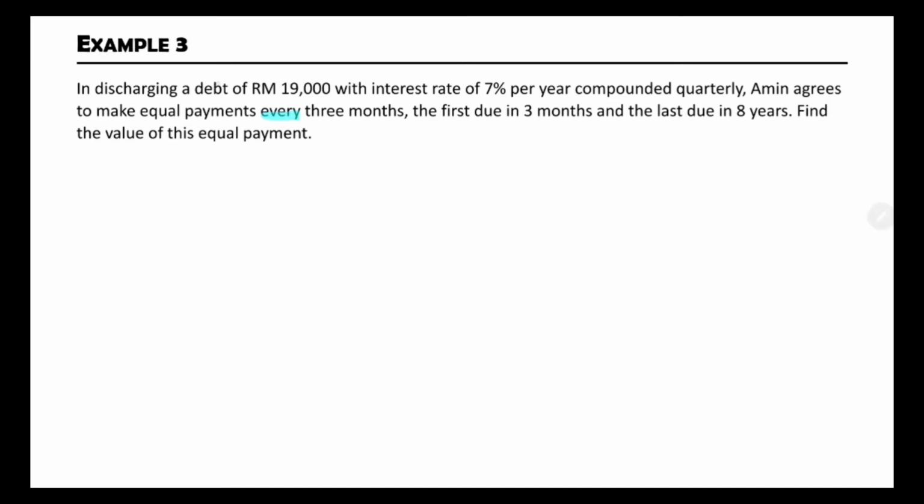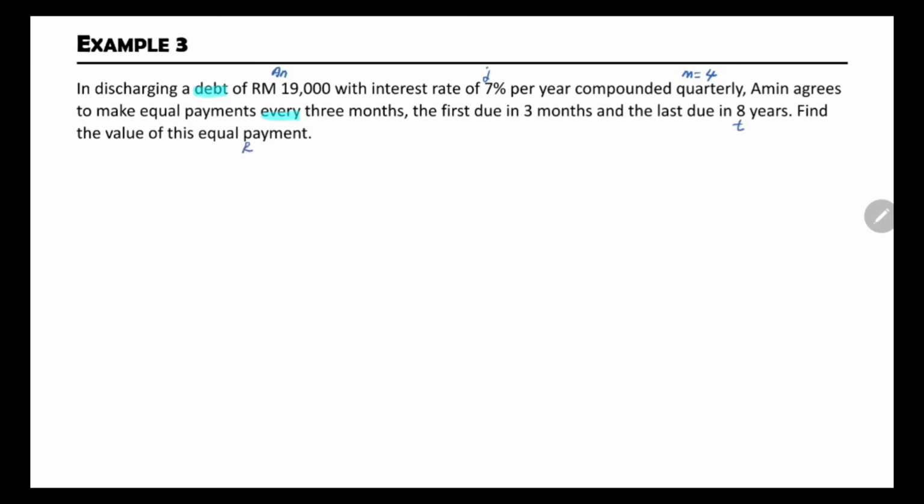In discharging a debt of 19,000 ringgit. That means we already have the money and we are paying by equal payments. This is the value of A_n, 19,000, the amount we already have, and interest rate of 7% compounded quarterly, m equal to 4, and the last due in 8 years, so t equal to 8. Find the value of this equal payment.